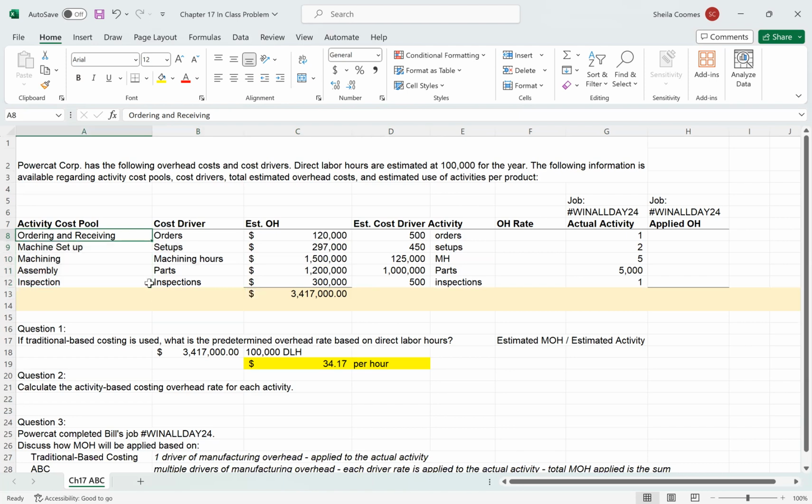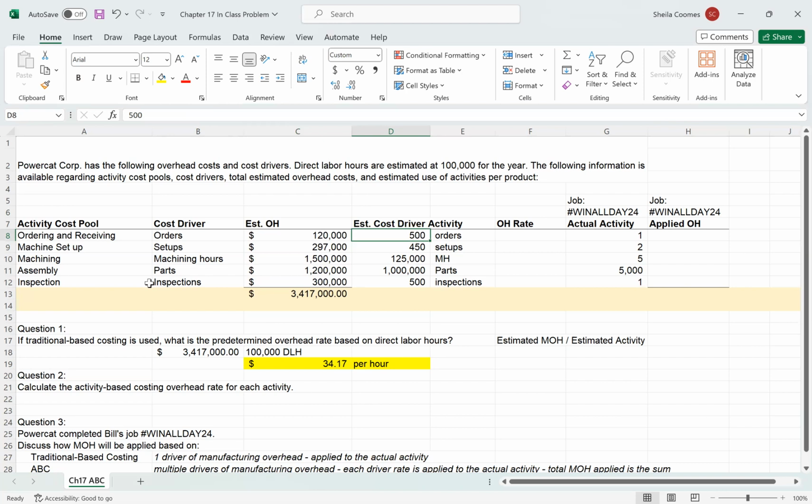So for example, we have determined for PowerCat Corp that ordering and receiving as an activity has its own cost pool. And the costs associated with ordering and receiving that are overhead are $120,000. Now, what drives that cost for a job is the number of orders. And we expect to have 500 orders throughout our period of time.